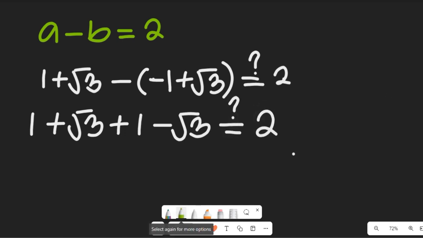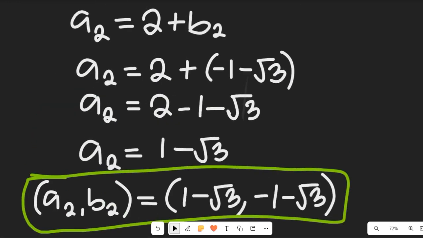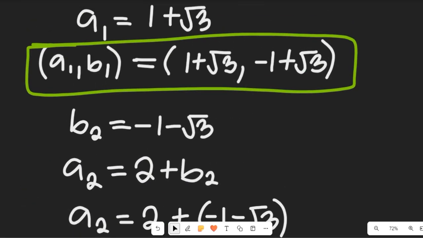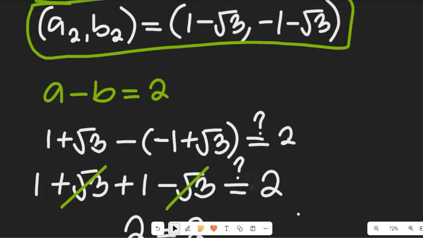Now, from this expression, you see that plus root 3 will clear minus root 3, and then we'll be left with 1 plus 1, and 1 plus 1 is equal to 2. So 2 is equal to 2. So that tells us that this solution, a1, b1, is absolutely correct. Now let's check the other solution using a2, b2.